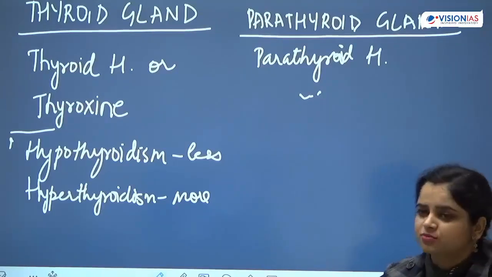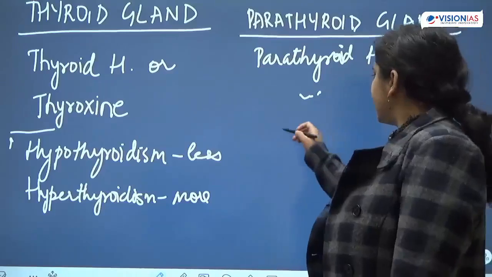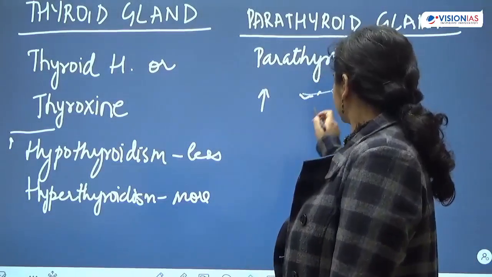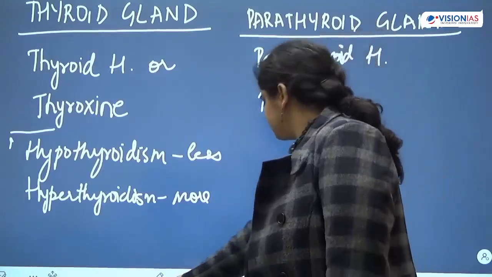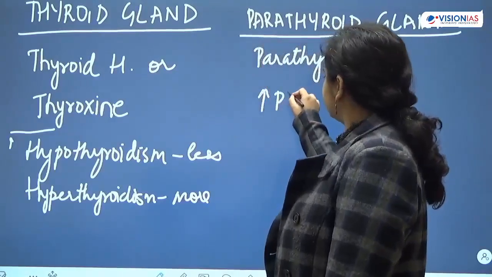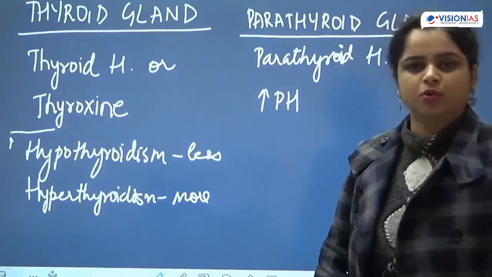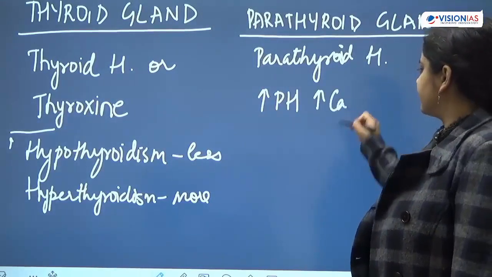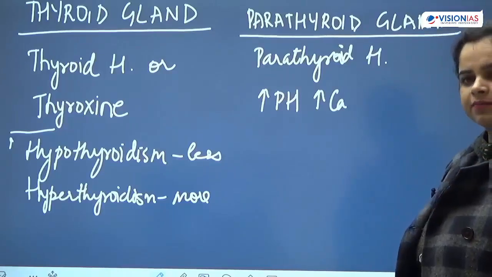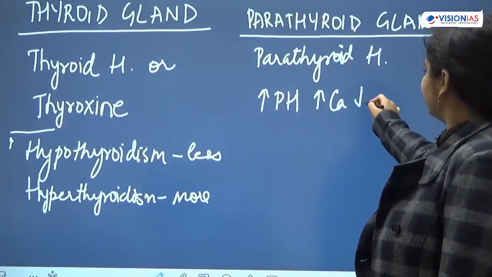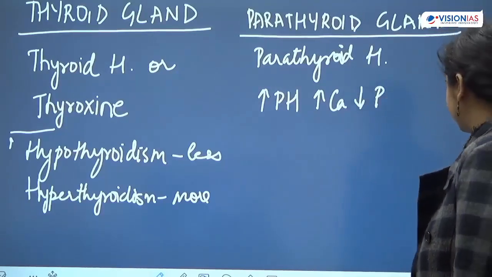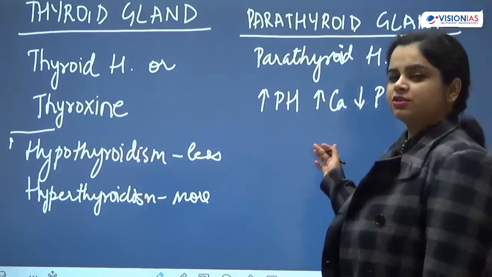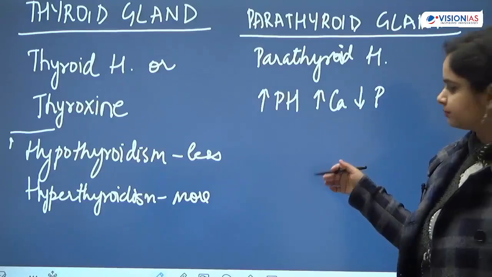Now, metabolism of calcium and phosphate, how that works is, if we have an increased amount of parathyroid hormone in the body, we will also have increased levels of calcium. Okay, and at the same time we will have a reduced level of phosphate. Increased calcium and reduced phosphate.